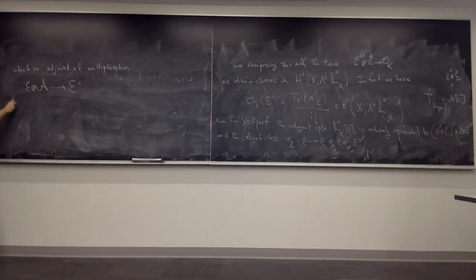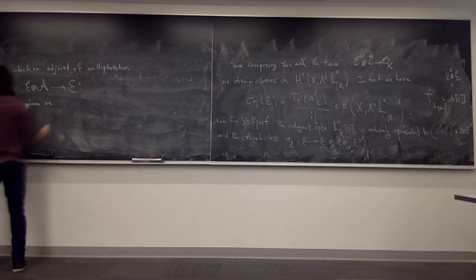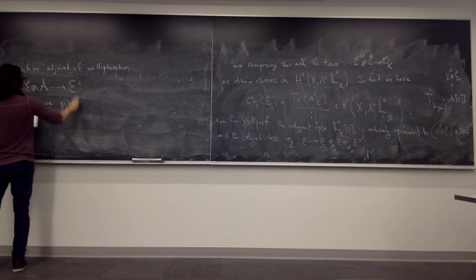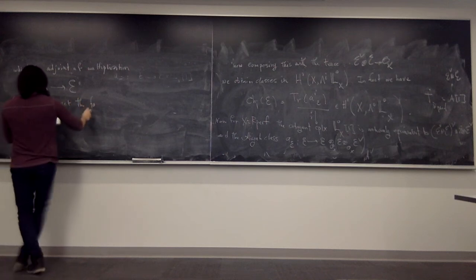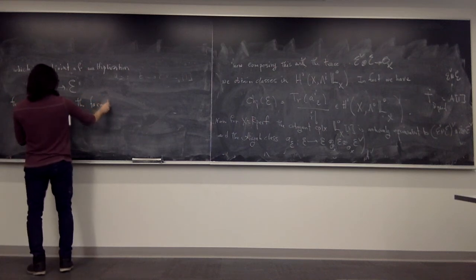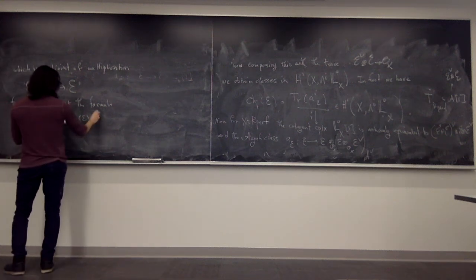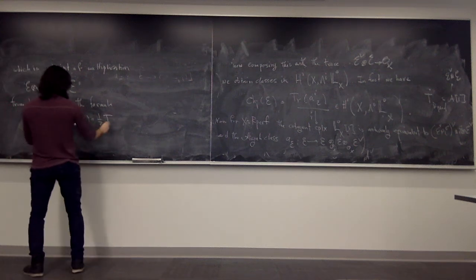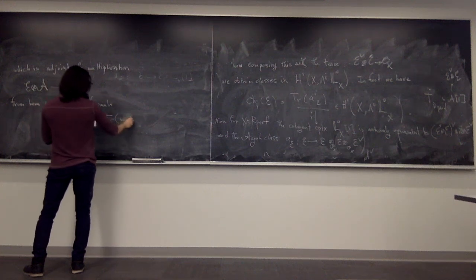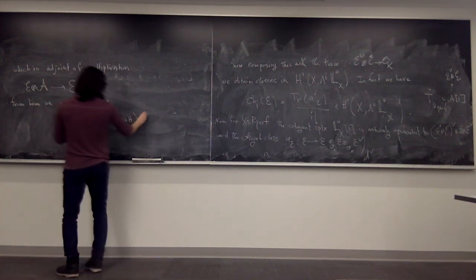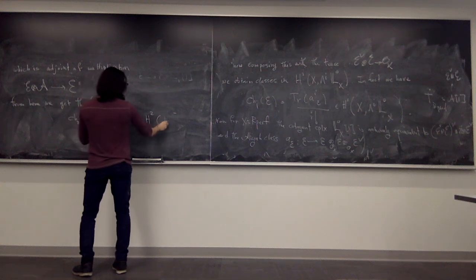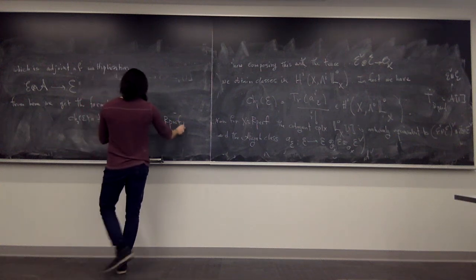From here, we get the formula Chern 2 of E, 1 over 2 trace of multiplication, which is inside H2 of R first.